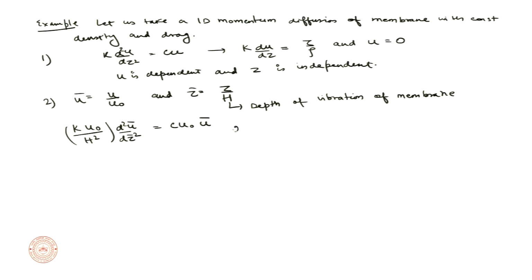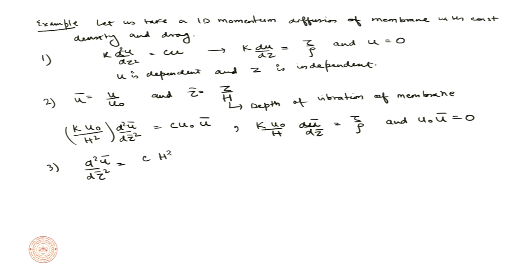Then we will have our boundary conditions. So, k u naught over h du bar by dz bar is tau by rho, and u naught into u bar equals 0. The third step is that we divide with the highest order derivative of the polynomial. In this case, this is the first derivative, we take it to the right hand side. So, d squared u bar by dz bar square, u naught gets cancelled.